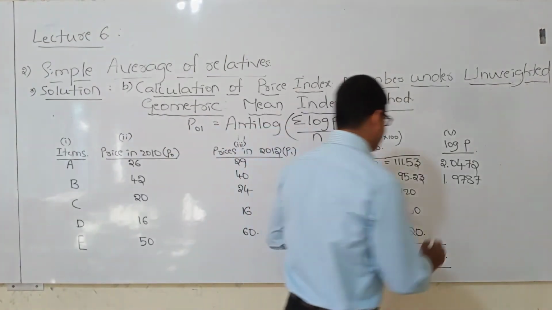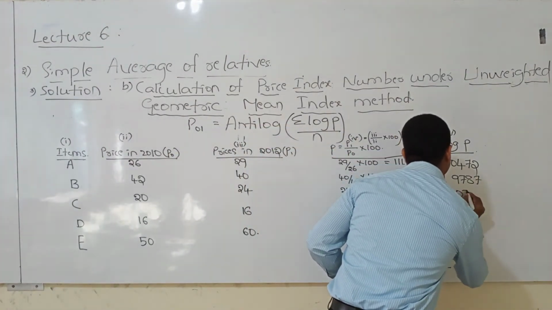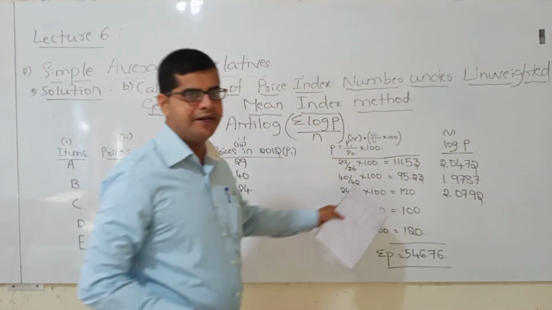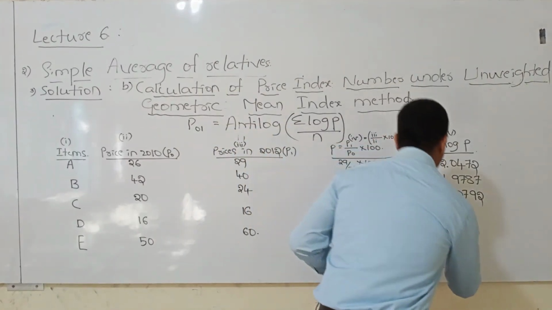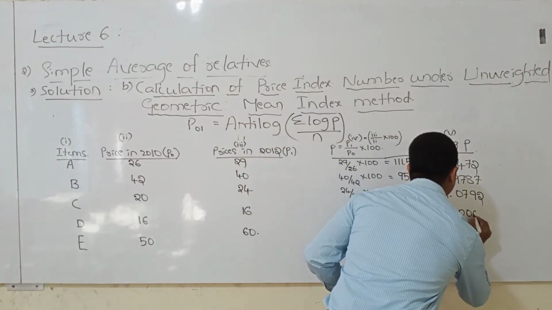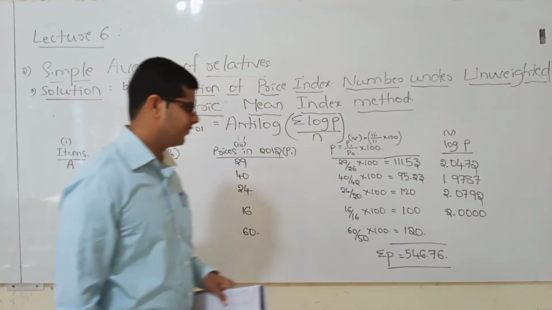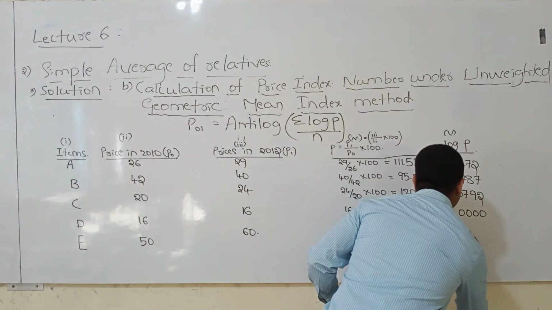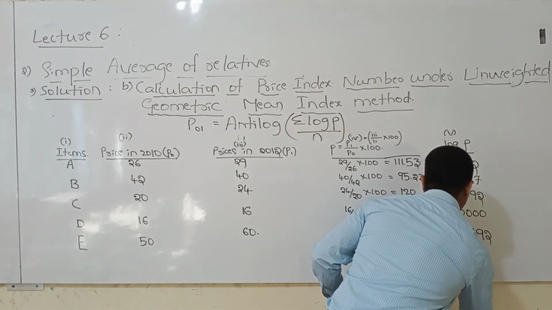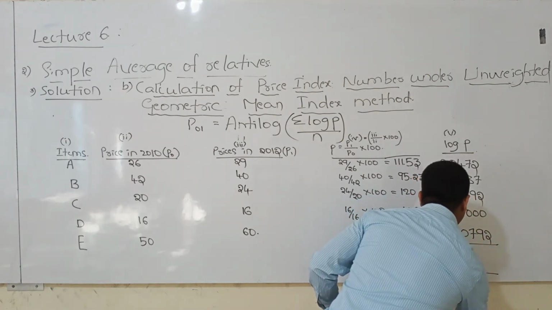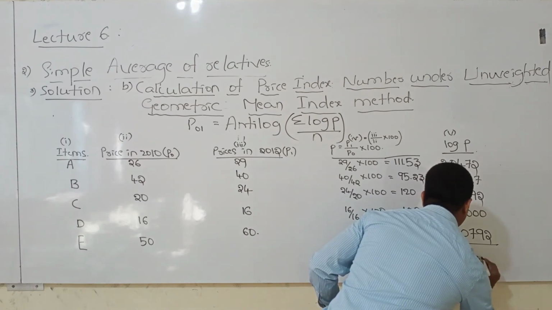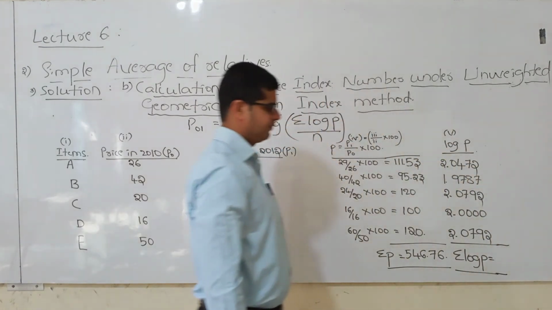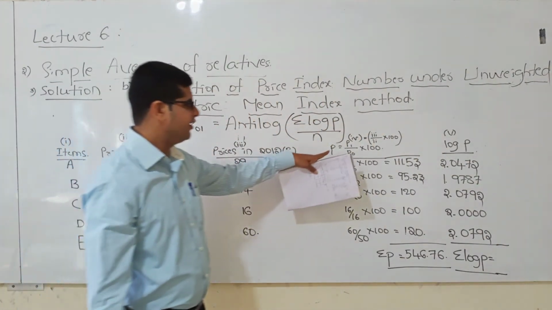Okay, 120, 2.0792. Okay, 100, 2.0000. Okay, 120, 2.0792. So get the total of all this, we get summation log P. Okay, P is already there.